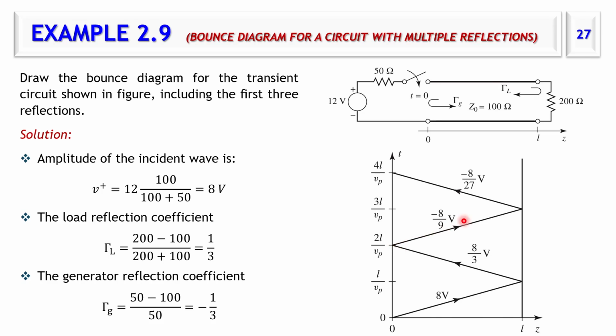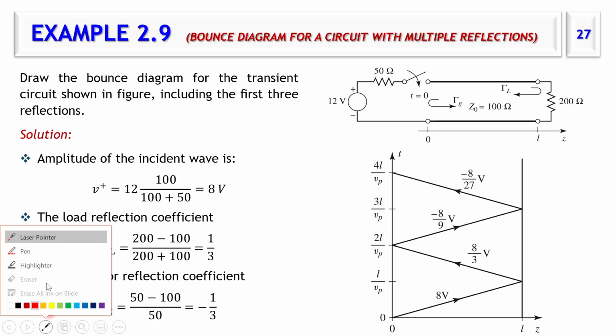This wave will propagate till it reaches the load at this time, 3L over VB. It will reflect again with another 1/3 reflection coefficient. So we have reflection at the load, reflection at the generator, reflection at the load again, and we reach this point. This is the bounce diagram.